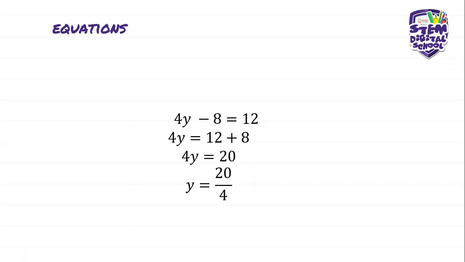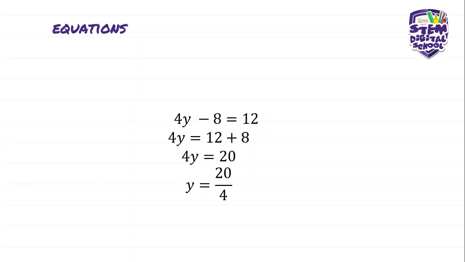Note that every time you transpose a number from the left-hand side to the right-hand side, it will change the sign. The sign will be either positive or negative, depending on the initial sign of the number that you are transposing.